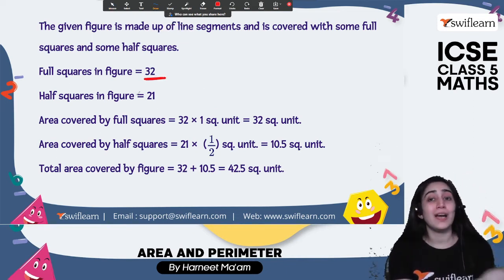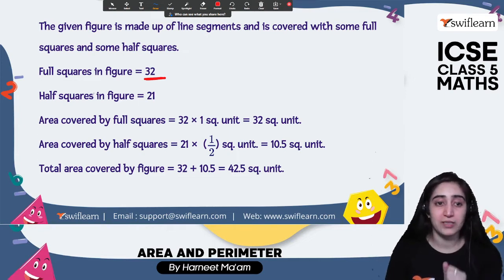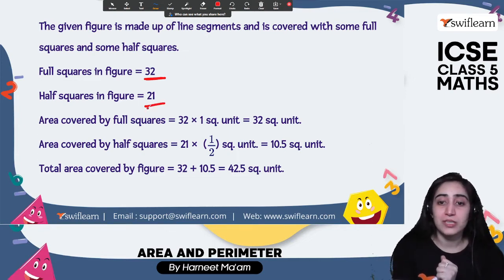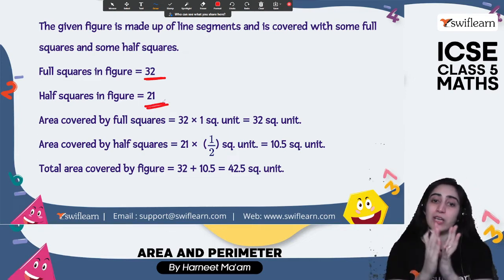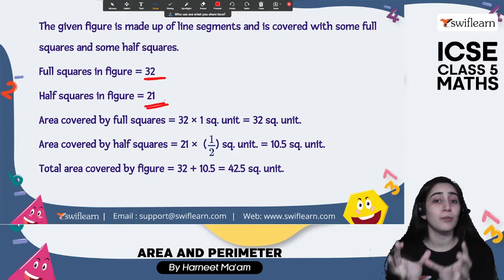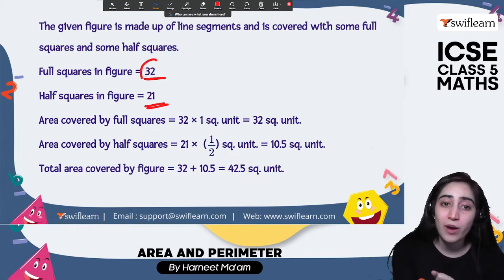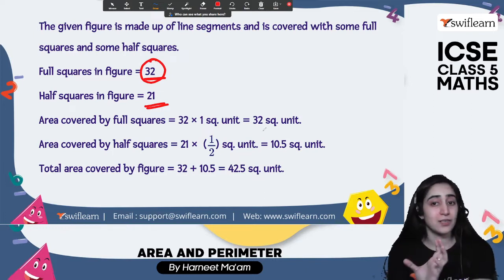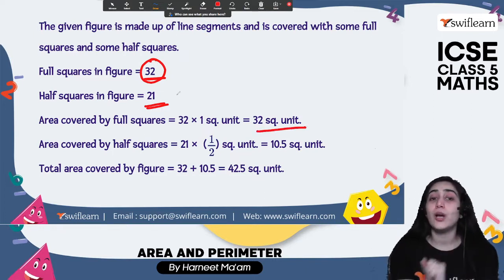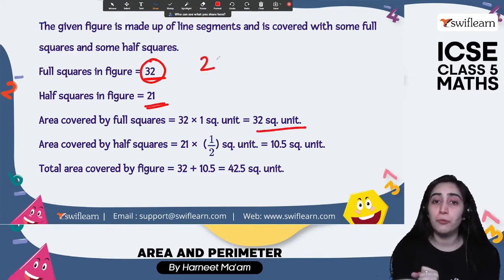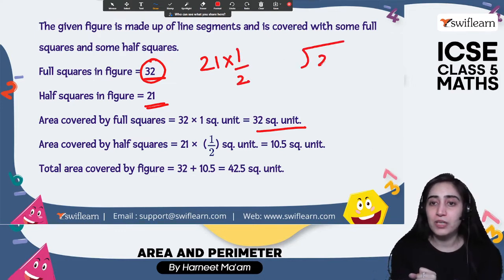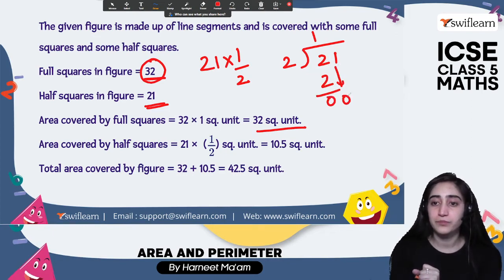When we count the half squares, we got 21. When a square is complete, that is 32 square units. For the half squares, we need to divide 21 by 2. 2 times 1 is 2, we got 0, 1 comes down.